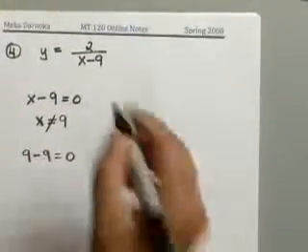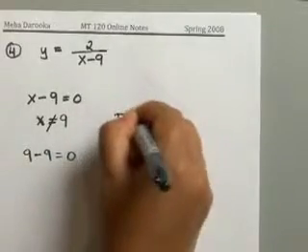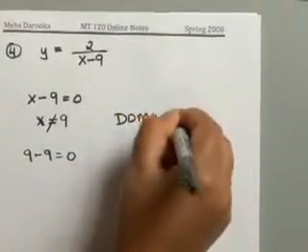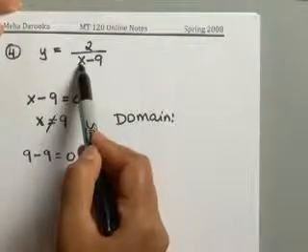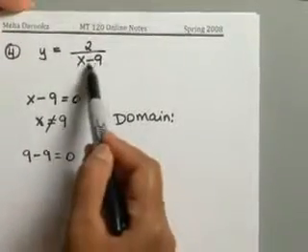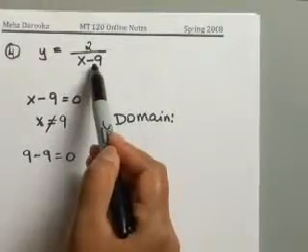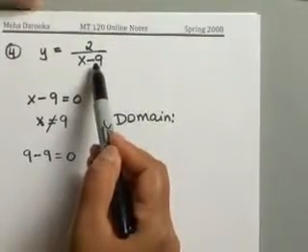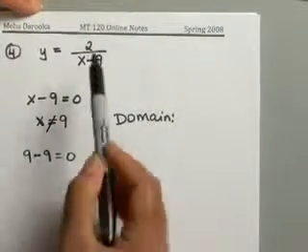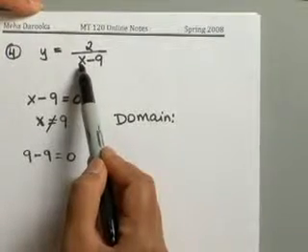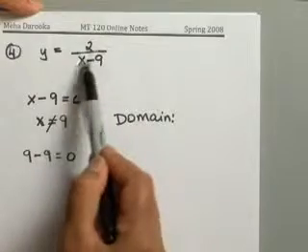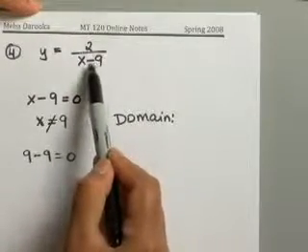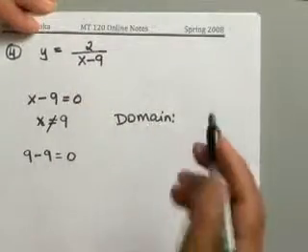So in this case your domain, now 0 is not going to make a difference to us, because when I put 0 for x, you get 0 minus 9, which is negative 9, so that does not make my denominator 0. I'm okay with using 0. The only number that I cannot use in my domain is going to be 9, because 9 minus 9 gives me 0, and I don't want 0 as part of my denominator.